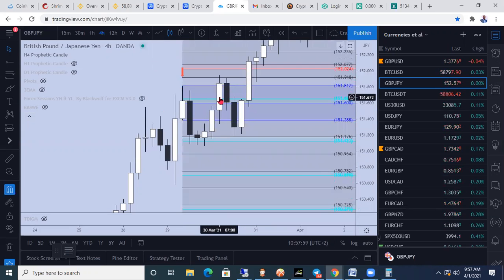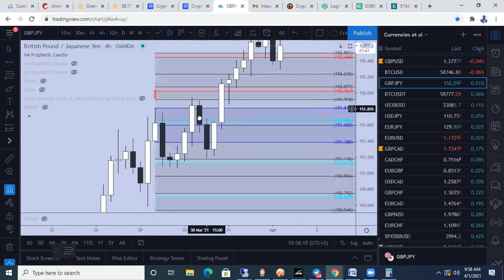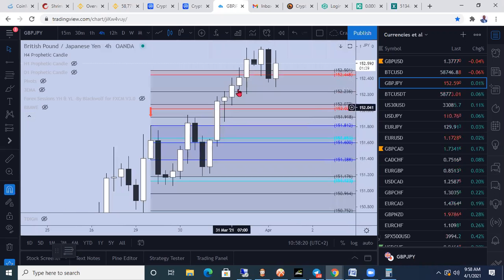Now you are looking at possibilities of buying. Then price came, if you entered for a buy again, your stop loss will be behind this candle. You took out your stop loss again. 2 stop loss hits. Then price went back and closed above. And now it didn't even give us any entry, and it went off.